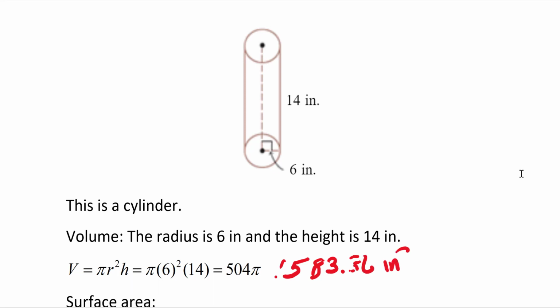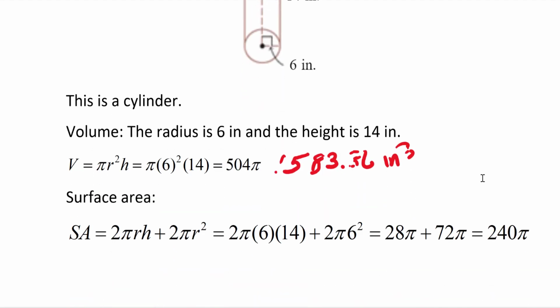And this is volume, so it's inches cubed.